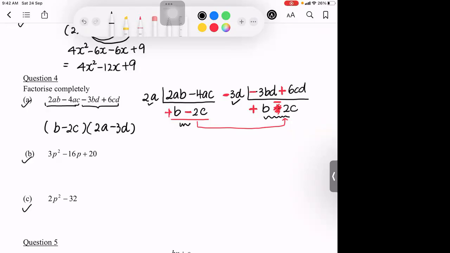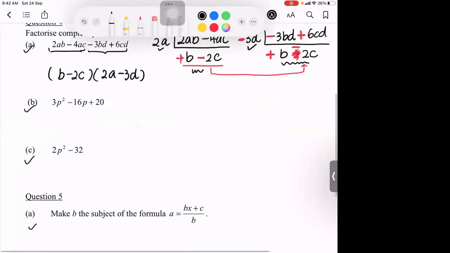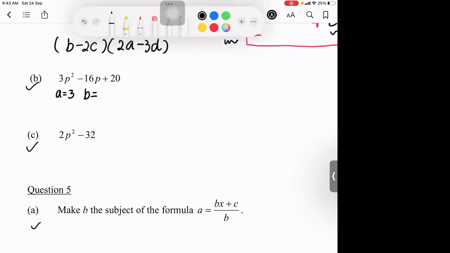Okay, so in this case, I have this one. Next question. This one has 3 terms. With 3 terms, you need to use your calculator to help you. You'll have A equals 3. B equals what number? Yes, negative 60.